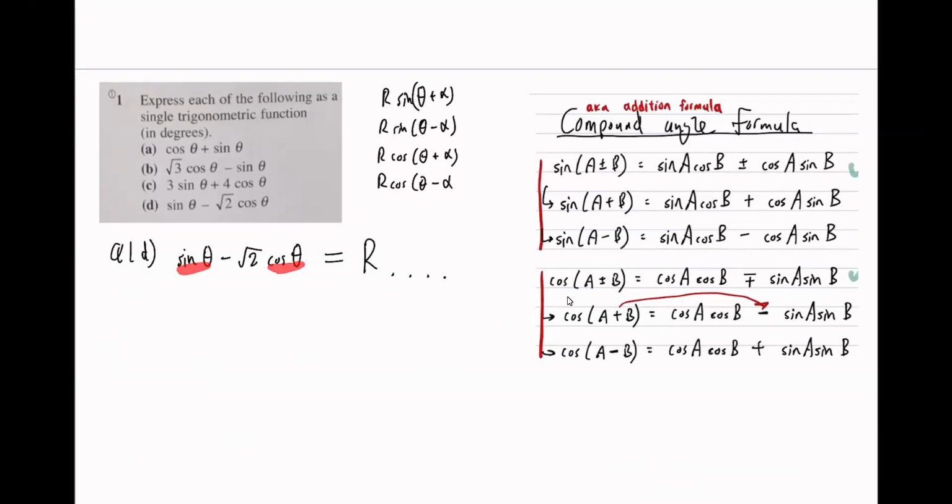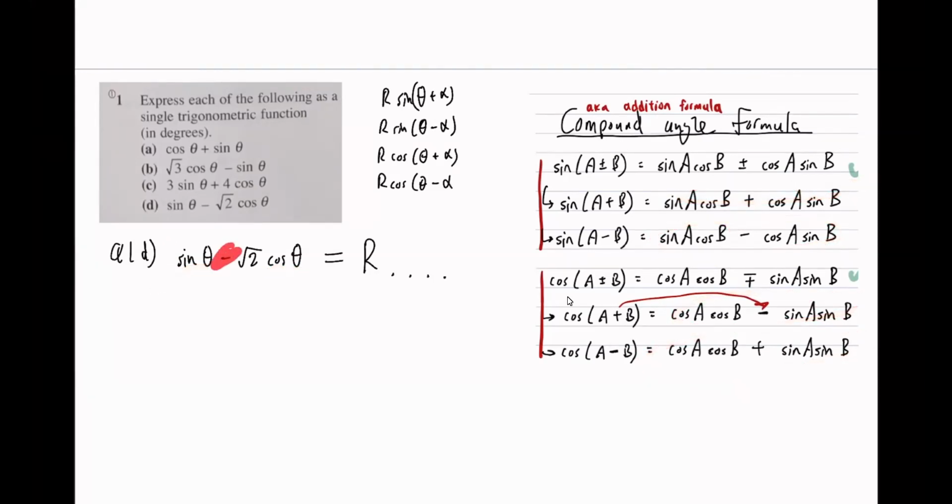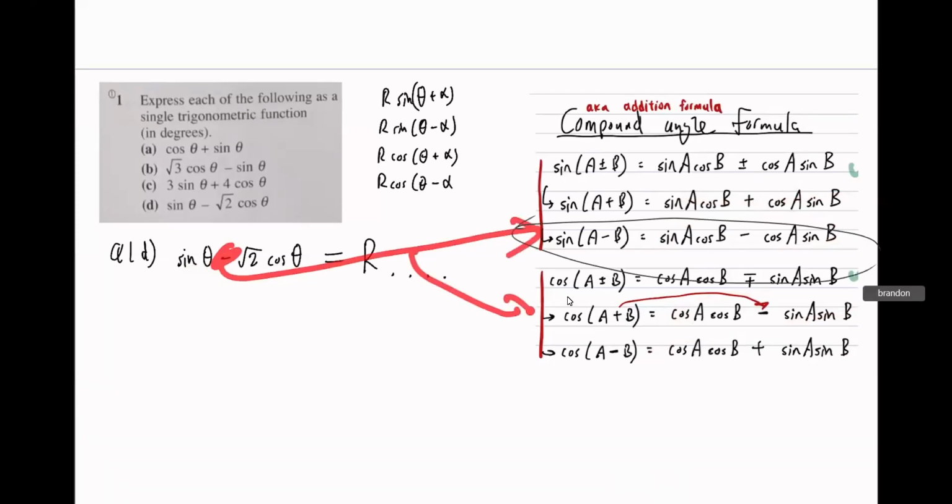So you look at these formulas. The first term must have a sine, then followed by a minus. Something times a sine, followed by a minus, followed by something times a cosine. So among these options, which one has a minus? Let's focus on the minus. Only two options, right? Here or here.